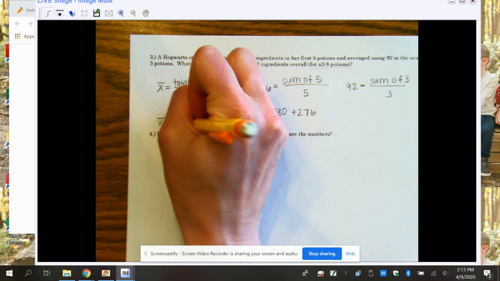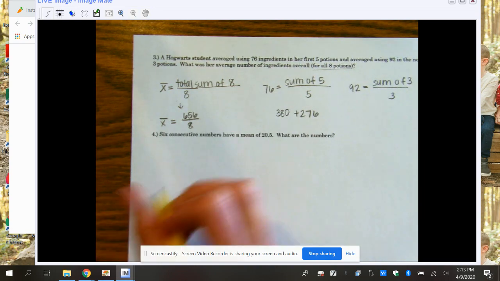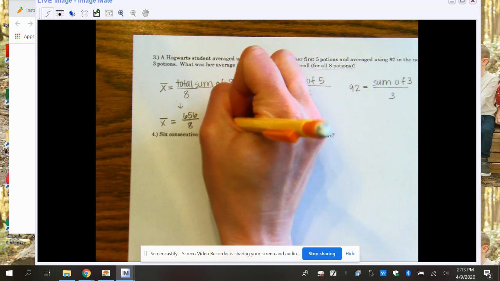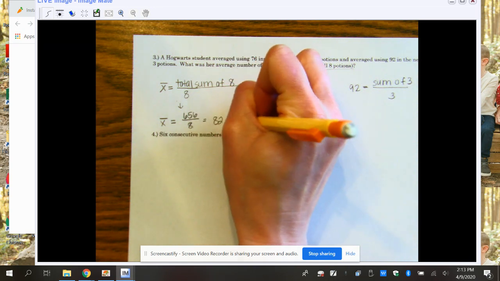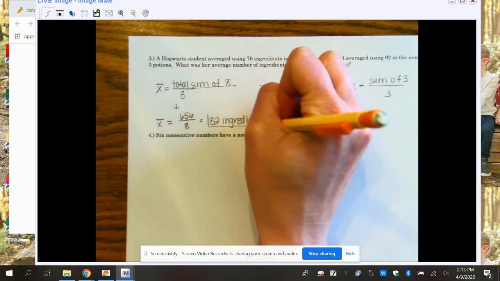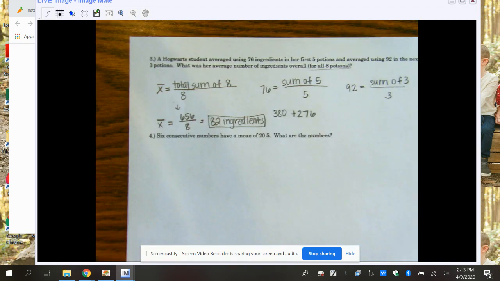And when I divide that by 8, I get 82. So the average was 82 ingredients per potion. That's a lot of ingredients.